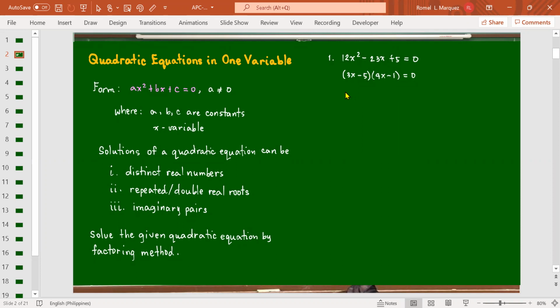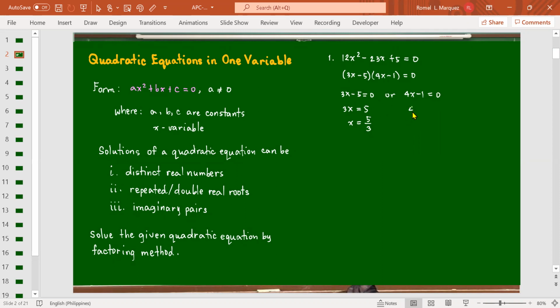Then plus 5. So to solve for x, we equate each factor to 0. 3x minus 5 equal to 0, or 4x minus 1 is equal to 0. Each equation is a linear equation. Solving this linear equation, we have 3x is equal to 5. Dividing each side by 3, we have 5 over 3.